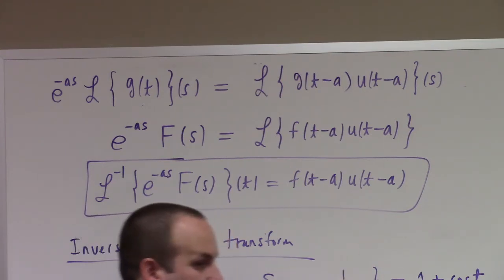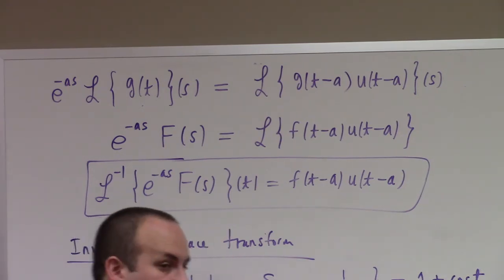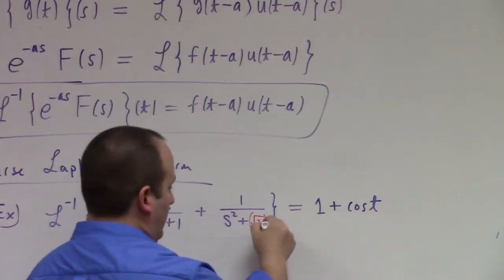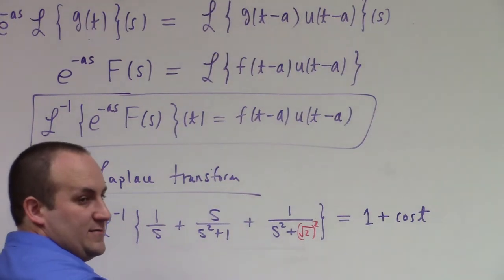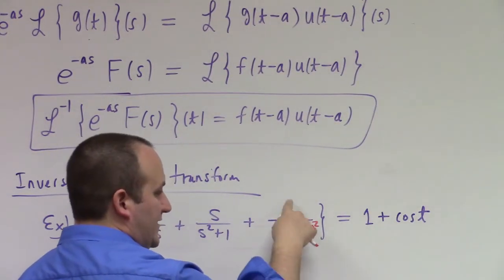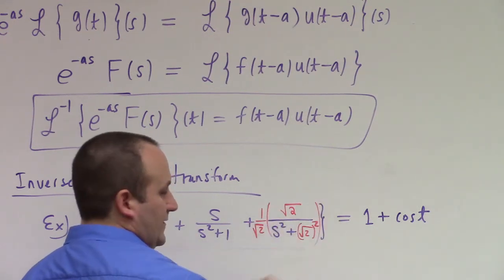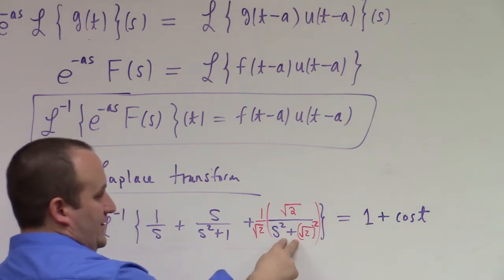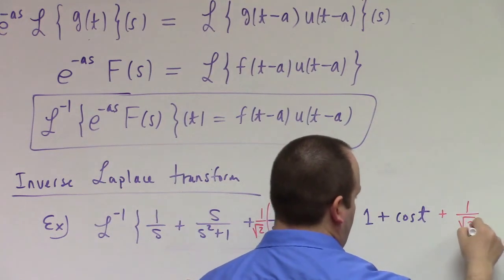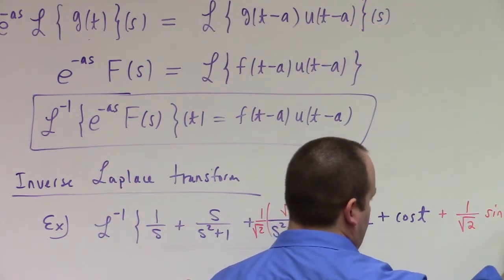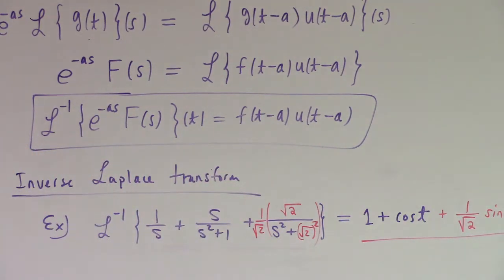This last one isn't quite what you want, because in order to see it as one of the things we found already, I need to write the 2 as the square root of 2 squared. And the numerator 1 is not what I need either. So I need to use my imagination a little bit. I can rewrite this as the square root of 2 times 1 over the square root of 2. Aha! Now that is a sine of square root of 2 t. So I get plus 1 over the square root of 2 times sine of the square root of 2 t. But there you go.